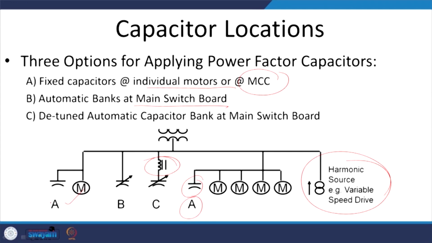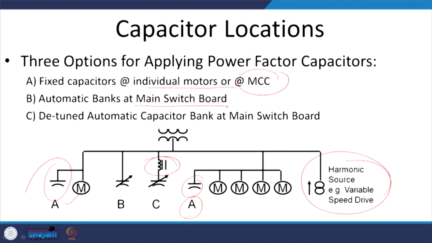So, each has its own advantage and disadvantage, which you have understood from our discussions. Generally, the detuned one has been used so that it does not have a resonance with your power supply. Since A is fixed, there is no point of control, so sometimes it may take the capacitive VAR also.